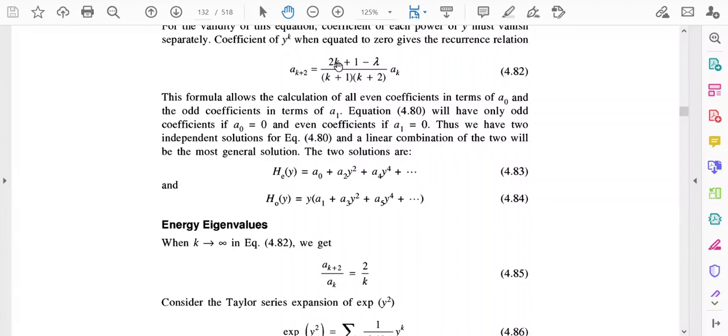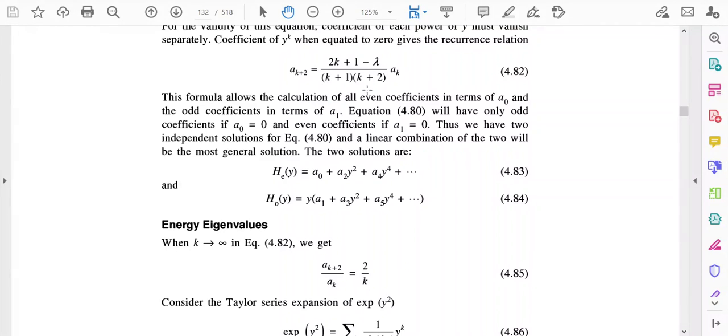From both numerator and denominator you take common k, so k will cancel out, and in the remaining expression you have to keep in mind that 1 by k tends to 0, and you know how to calculate the problems regarding the limit. Several problems you have performed and learned in your higher secondary classes, so I think you can do that.